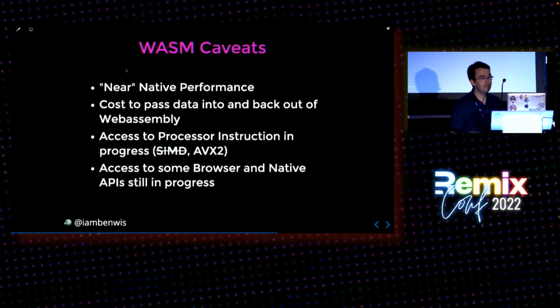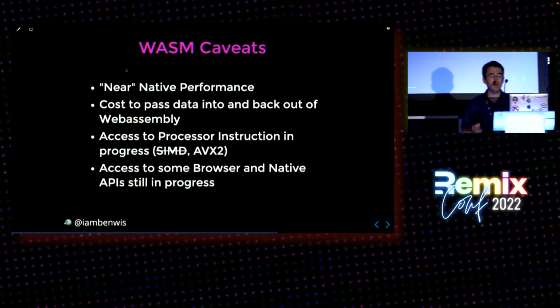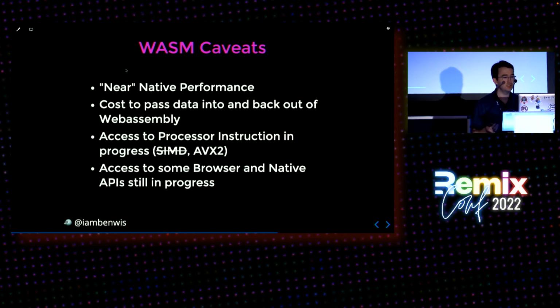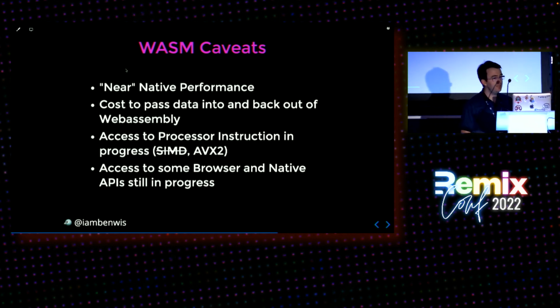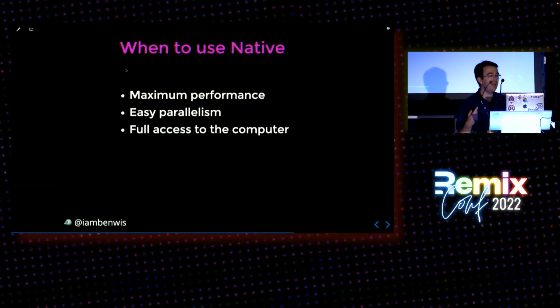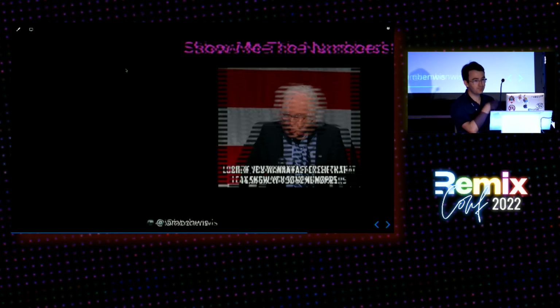Lots of possibilities there. It's not actually native performance. It's close to native performance, but it runs in a virtual machine and it has some restrictions. So if you do need a little bit more native performance, you can write it in a native module, which will only run on the server, but essentially runs on your desktop or your server. So you have full access to everything that you could ever want, and it's slightly faster.